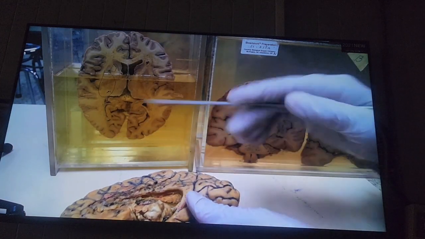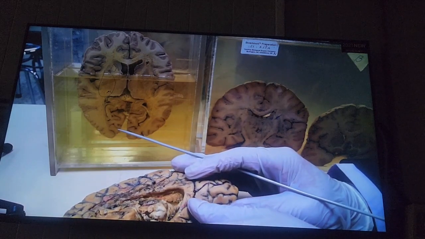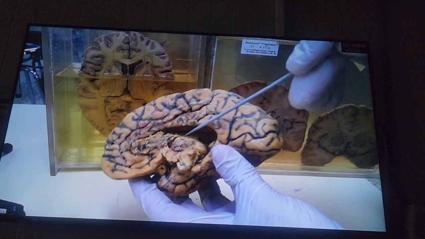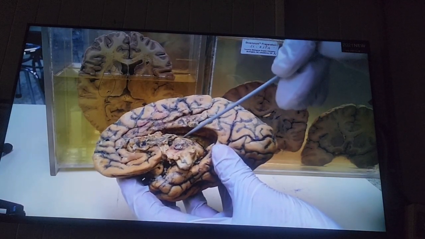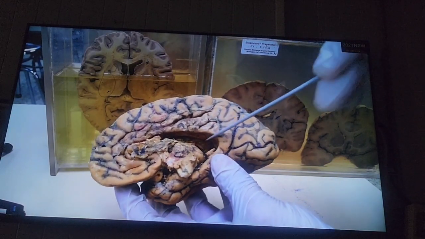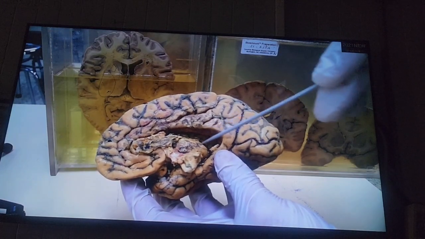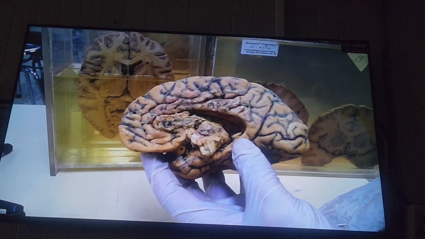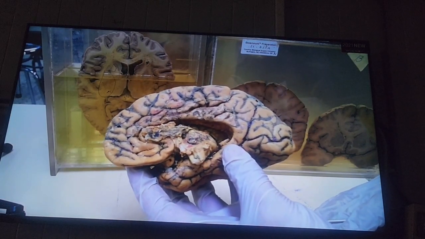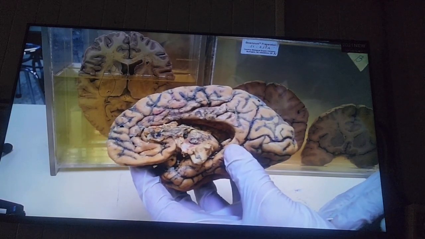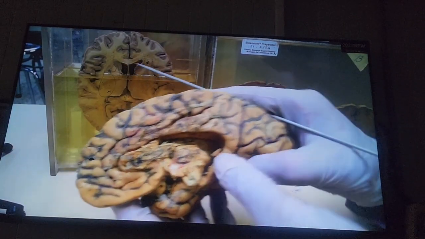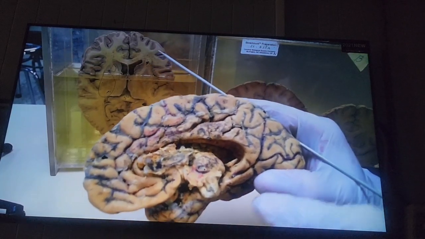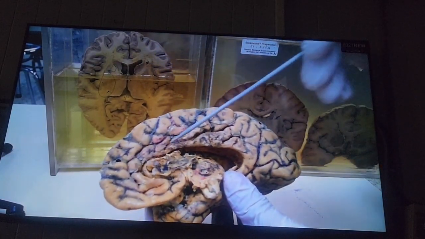The body of the lateral ventricle is floored by the thalamus and the body of the caudate nucleus. Body of the caudate nucleus and the thalamus, with the thalamostriate group between these two structures, which is the thalamostriate vein.